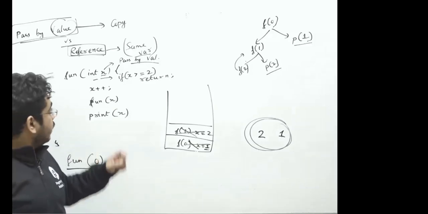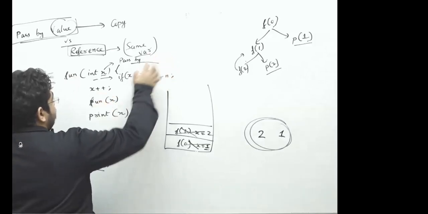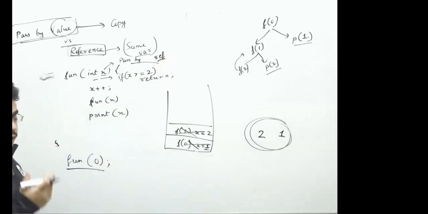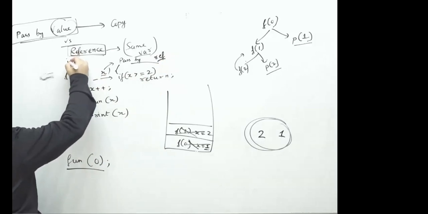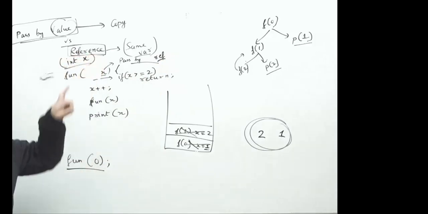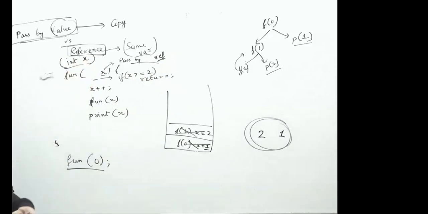Okay. Let's change this variable and let's say it is passed by reference now. So what do you mean by pass by reference? You can assume your x is global. So whatever you modify, it modifies here. Let's see how it happens.